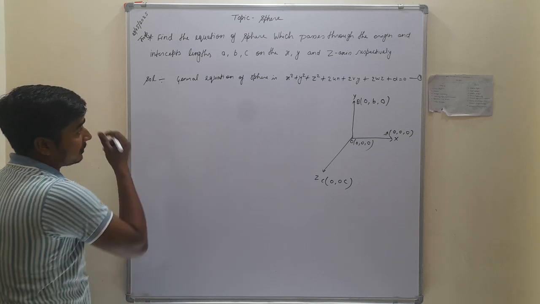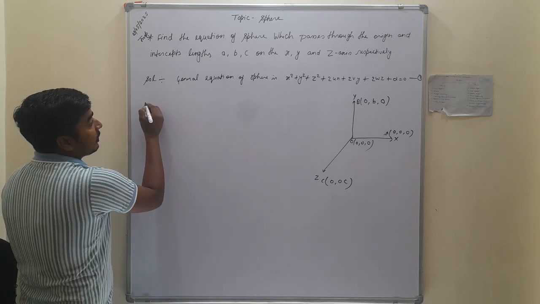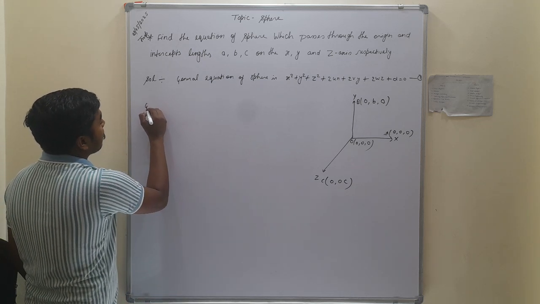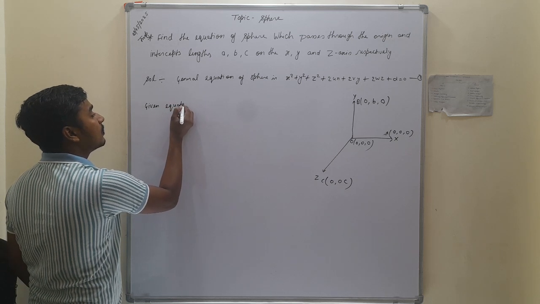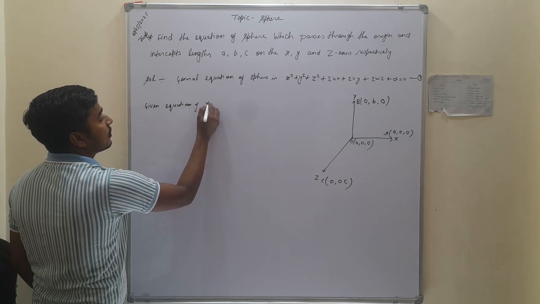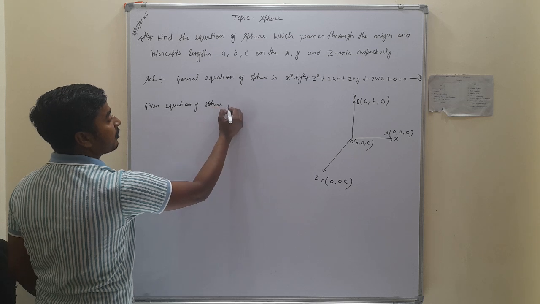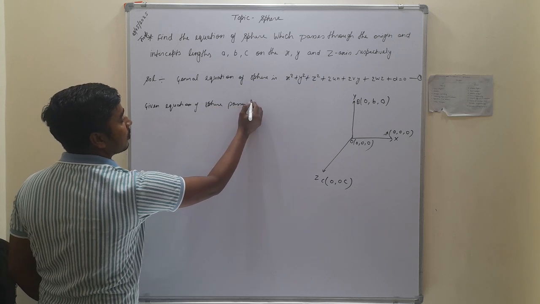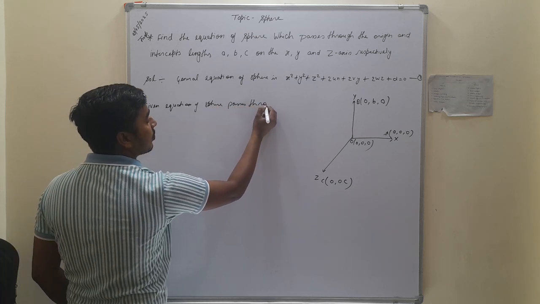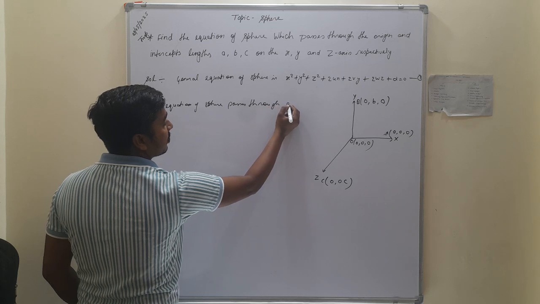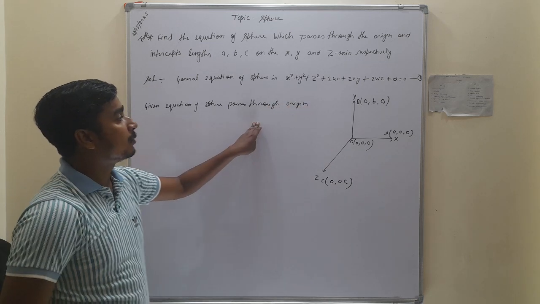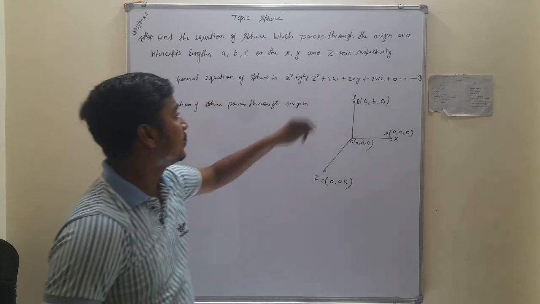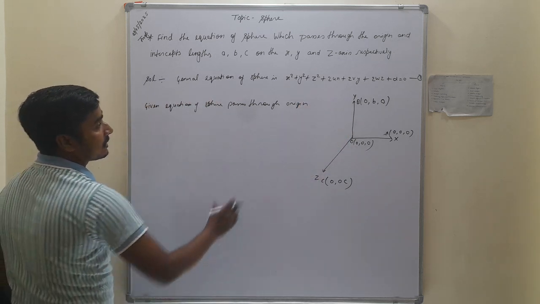First, the given equation of the sphere passes through the origin. So in equation 1 we put 0 in place of x, y, z.